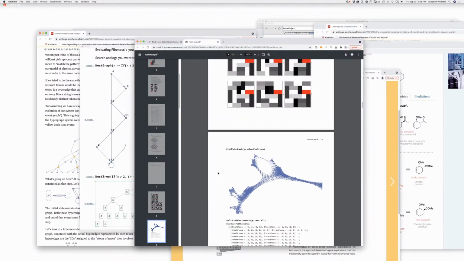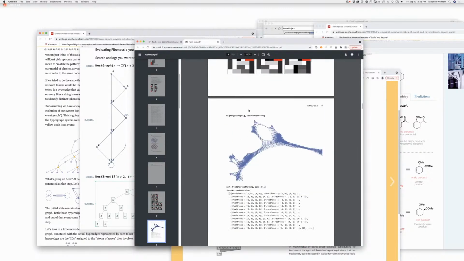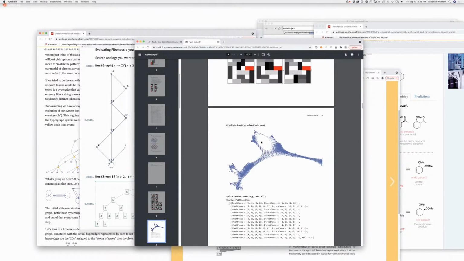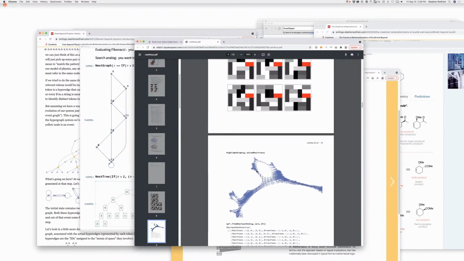I think it's a states graph. You're going from one state of the sliding block puzzle to another. And so in your case, solving the puzzle is finding a path from the initial condition to the final condition.